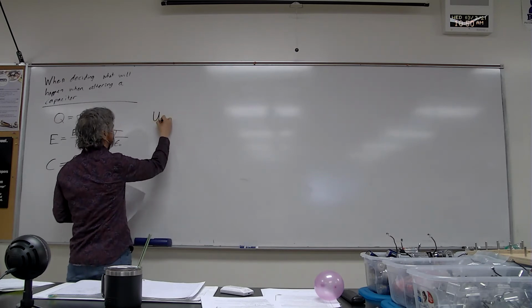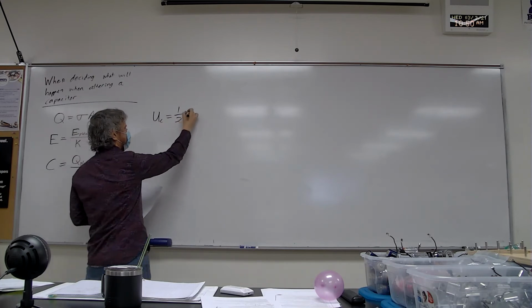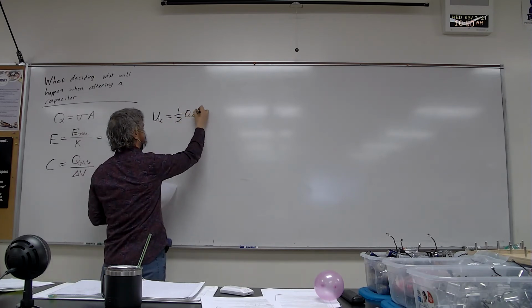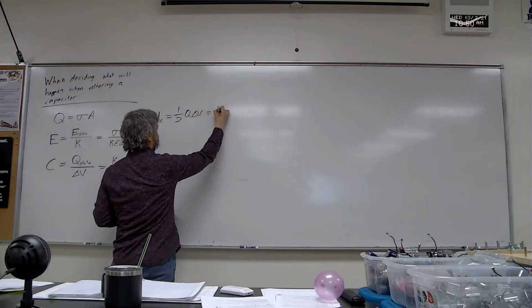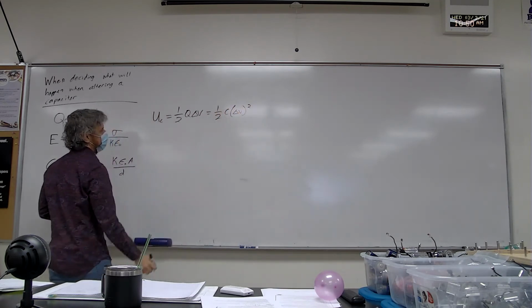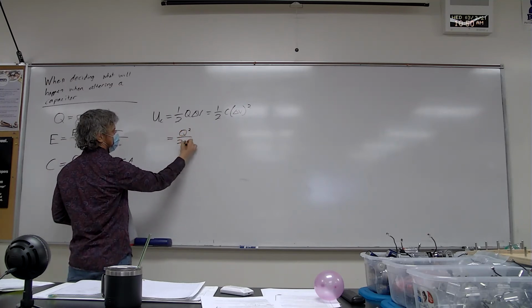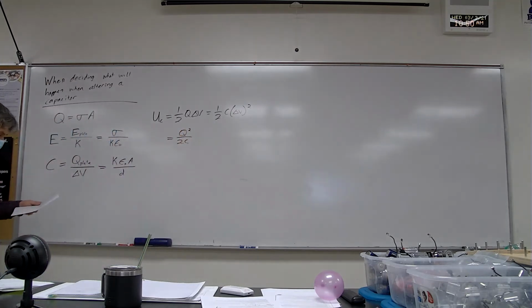And then the energy stored on a capacitor is 1/2 Q delta V, which is equal to 1/2 C delta V squared. That's on the formula sheet. But remember, like we saw today, this can be Q squared over 2C. That's not on the formula sheet.